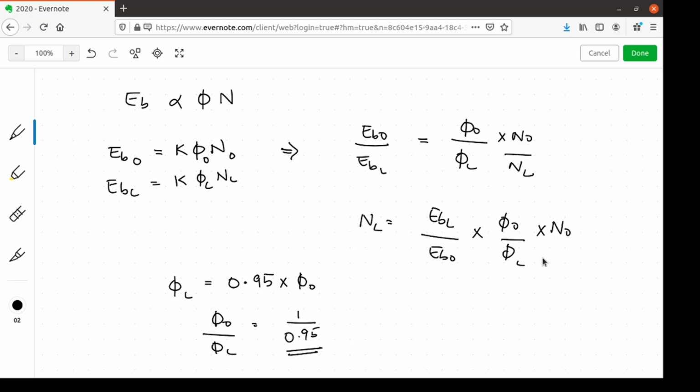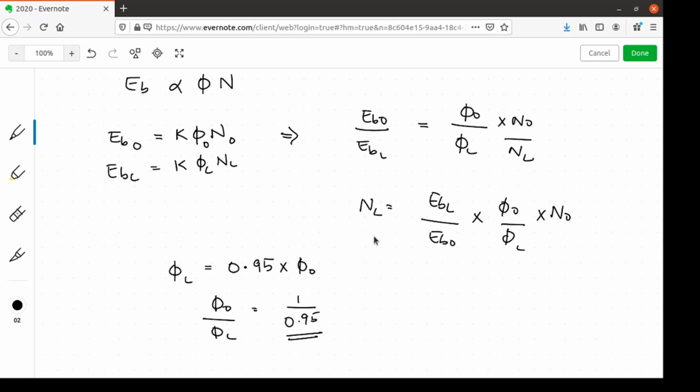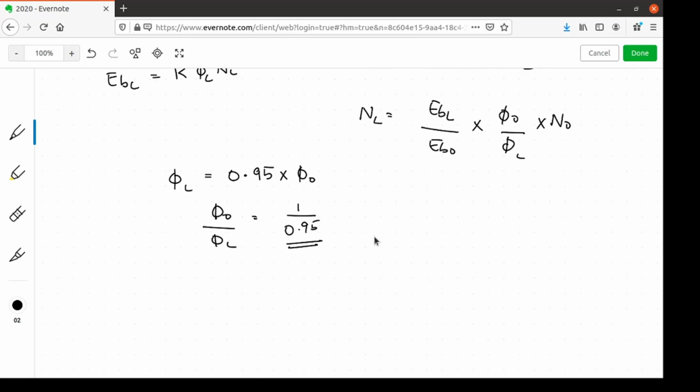Now we have all the quantities on the right hand side, so we can find the loaded speed. The loaded speed equals EBL, which is 238.5, divided by EB naught, which is 247, times 1 by 0.95, times the no load speed of 1200.